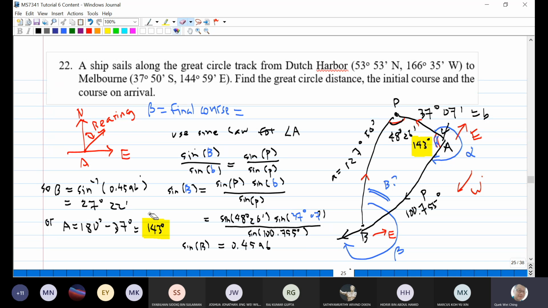So there's another angle. Just take 180 minus 27 degrees 22 minutes, and then you have a big angle.